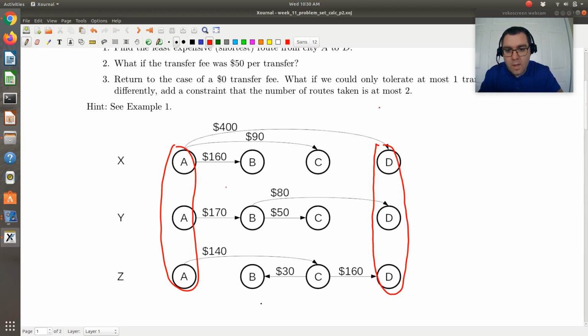And then when we're at B and C, we'll add in routes allowing for the changing of airlines. So I can go from X to Y, X to Z, Y to Z, and vice versa. So I'll have routes which can go both ways to allow for the exchange, where the exchange is in all cases $50.